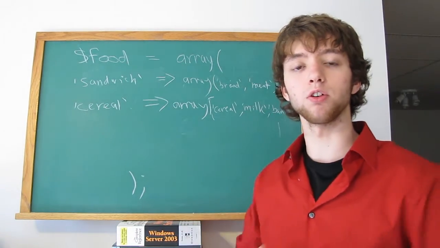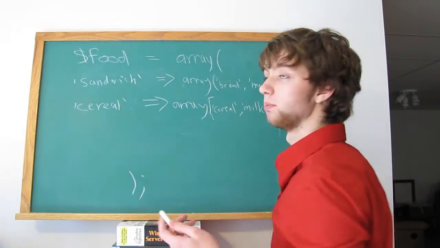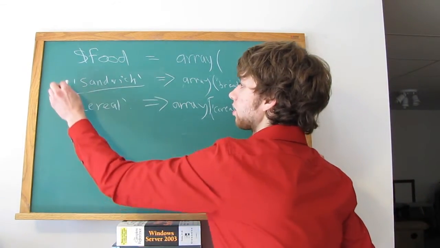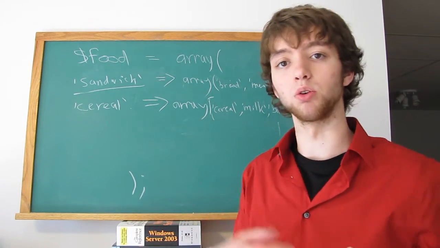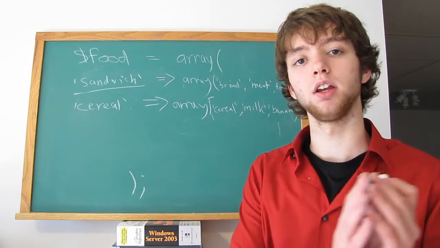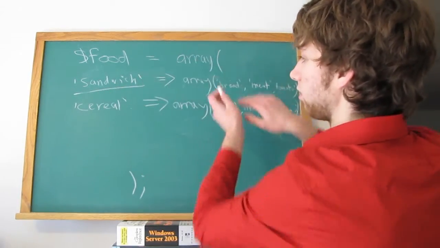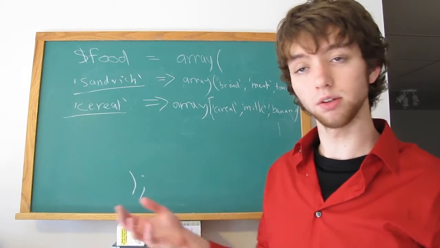Alright, so what are the keys for this? Well, the first key of the multiple dimensional array is sandwich. It's an associative array, so it's not 0 or 1 or 2 or 3. It's actually a string because we're associating a string with a value. This is the second string, or the second key, cereal.